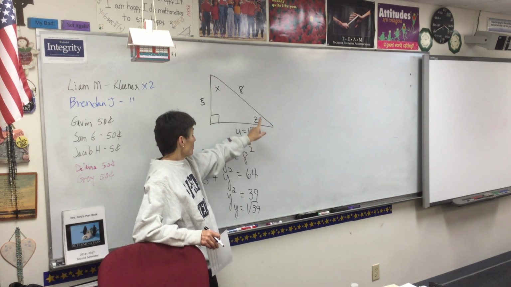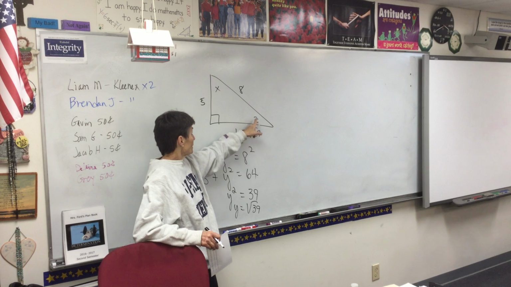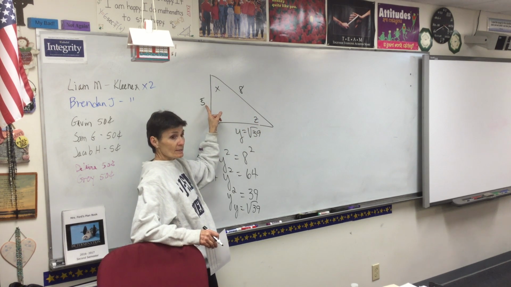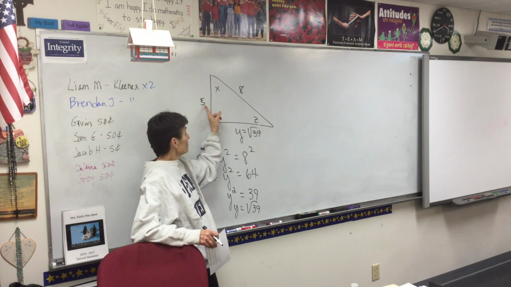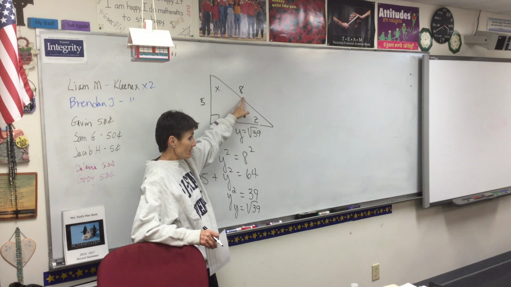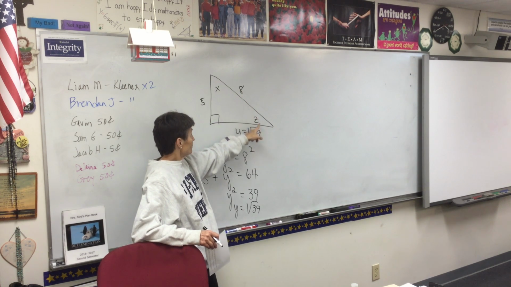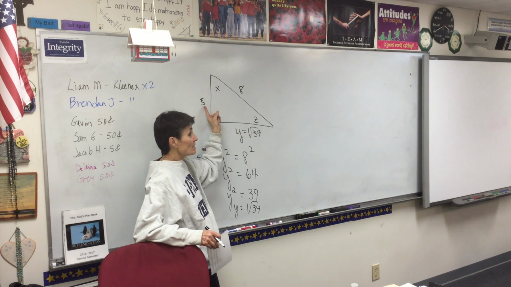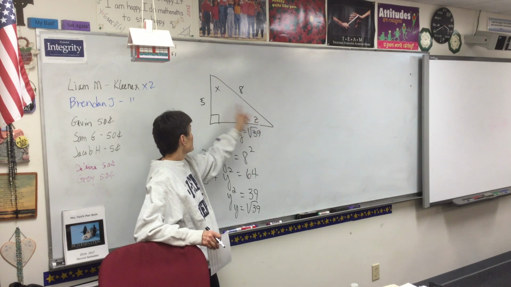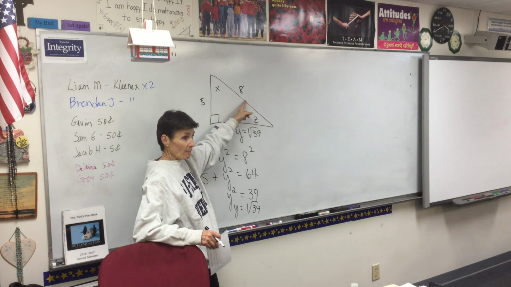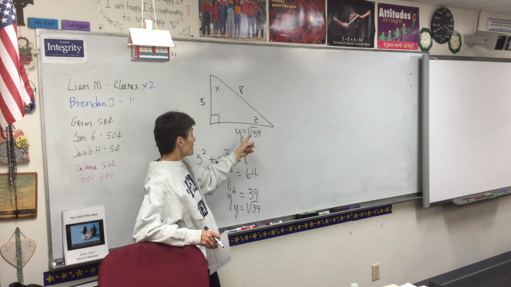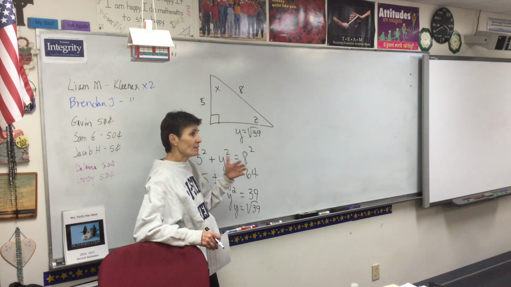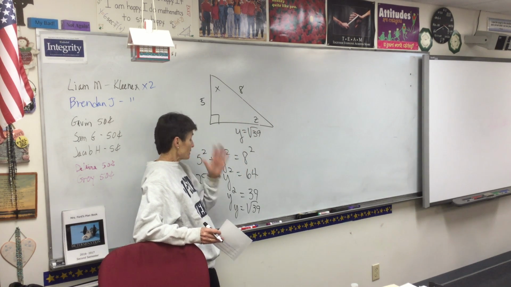Okay? So if we're going to do Z, this side over here is the opposite. This side is the hypotenuse, right? So if I use 5 and 8, I'm using opposite and hypotenuse. Now, could I use root 39? Yeah, use it if you want.